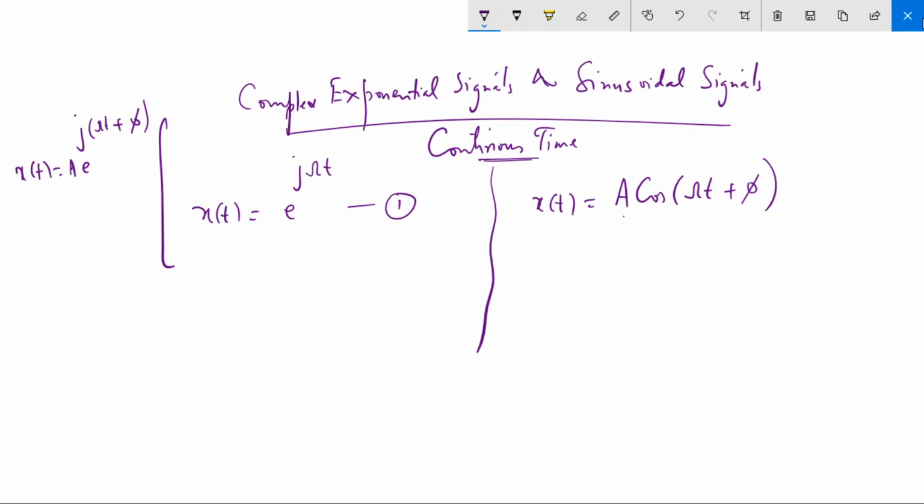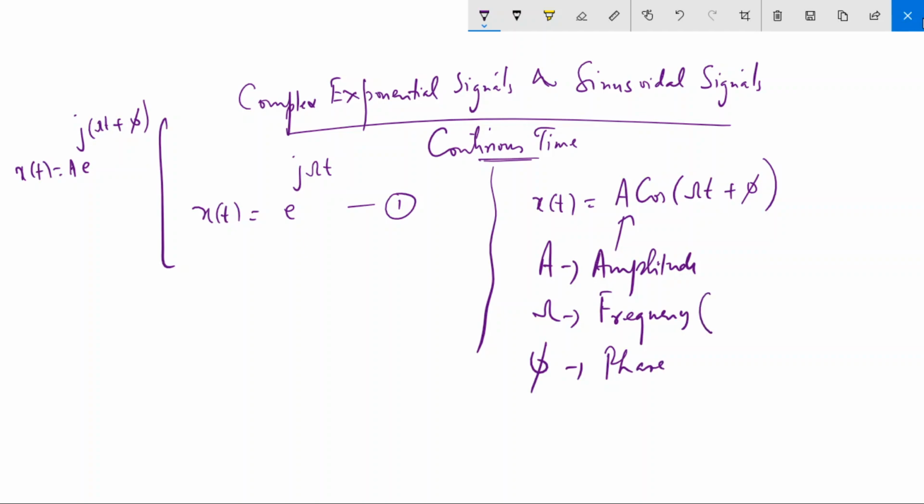So A is called the amplitude, ω is your frequency, and φ is the phase.